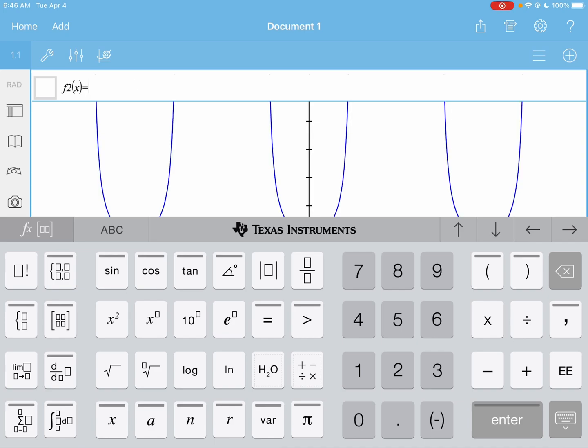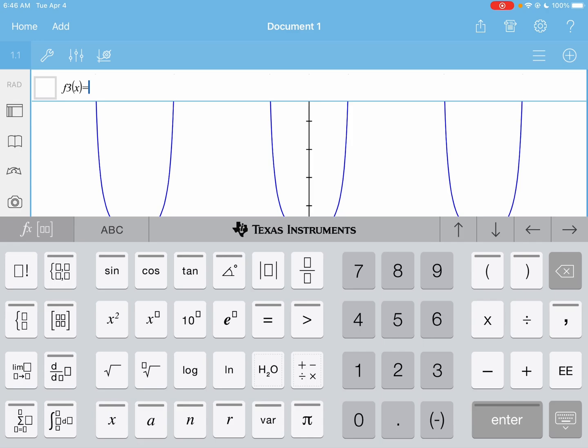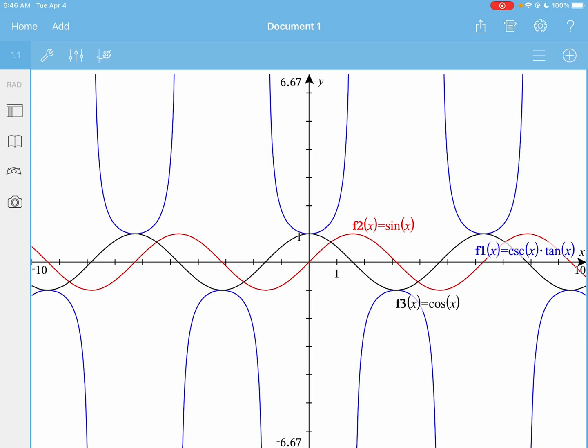I see the graph. I want it to cover that blue graph. If I graph sine x, I see that it didn't cover anything. It's down there. If I graph cosine x, again, it didn't cover the blue graph.